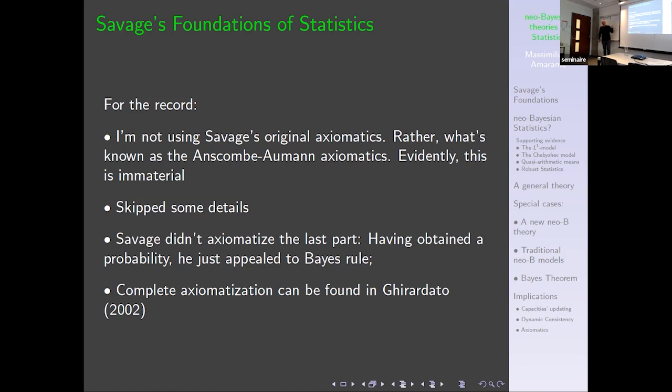But you can prove that Bayes rule is equivalent to axioms 7 and 8 given the first 6. So this is why I put it that way. A very nice paper that uses the Savage axiomatization to show that Bayes rule is equivalent to this is one from the year 2000.